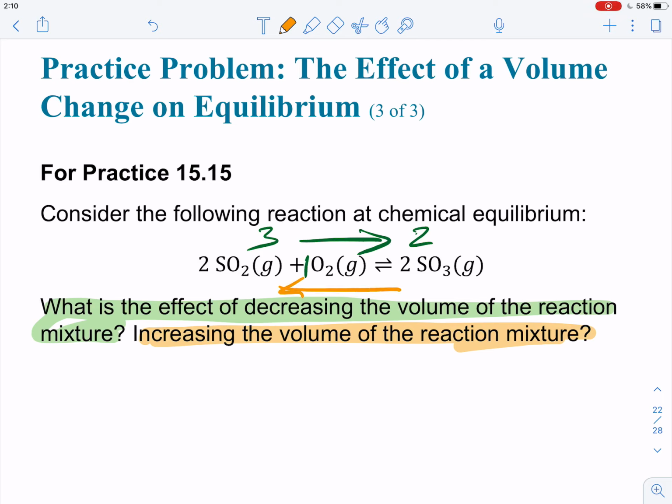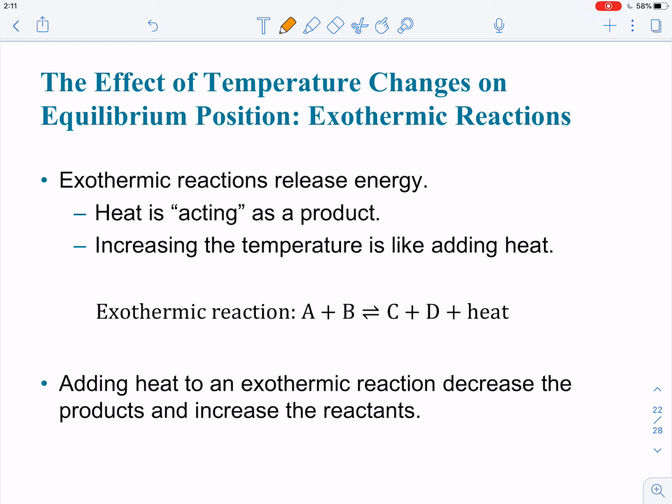Okay, now this is probably one of the most tricky ones. What happens with temperature? Because with temperature, it will depend on whether the reaction is exothermic or endothermic. And for this part, it could be very useful if you consider, because heat is not exactly a matter that you can add to the reaction, right?